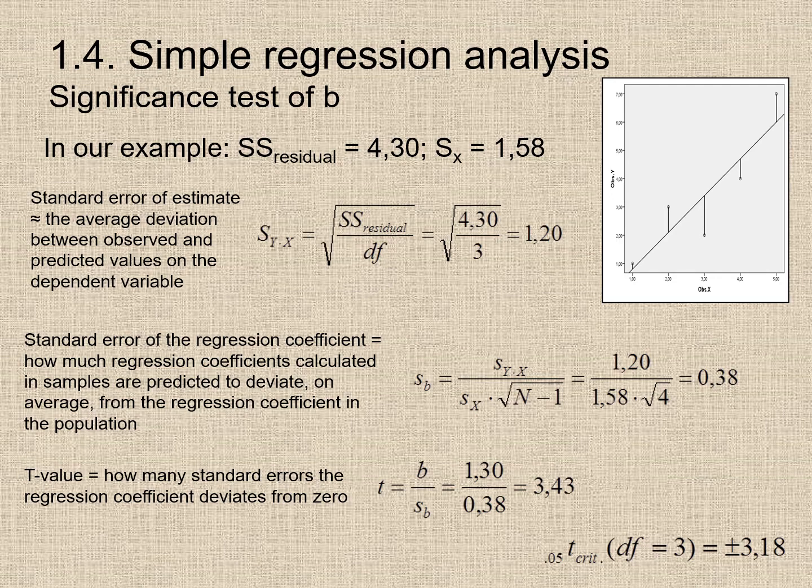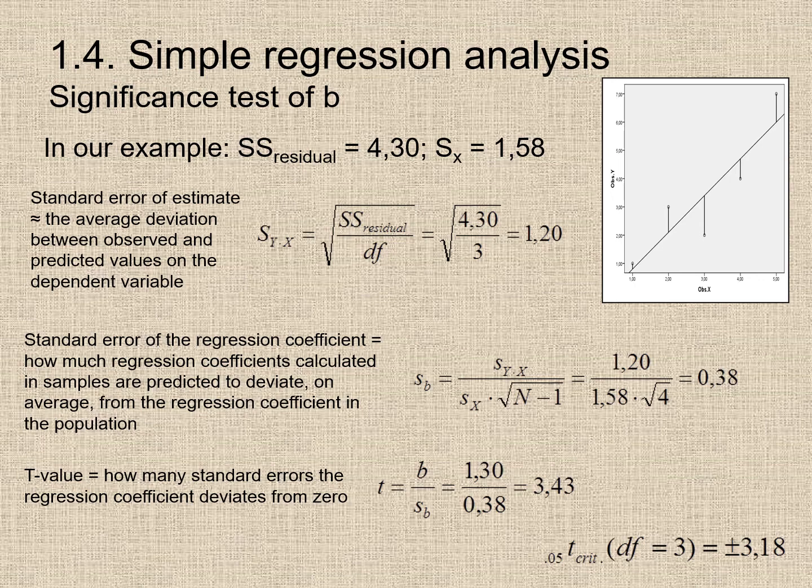But, well, somehow, how large those deviations are on average, on the scale here that life satisfaction is measured on. Something like that. We take that value and transform it to the standard error of the regression coefficient.